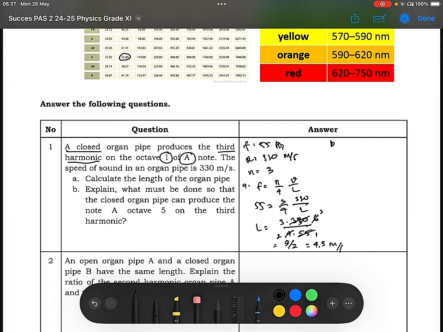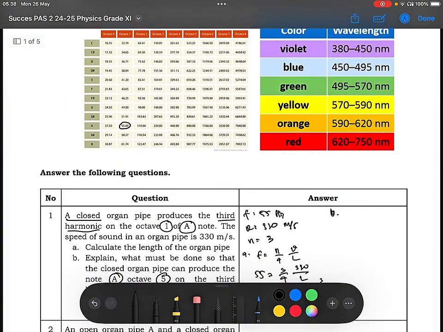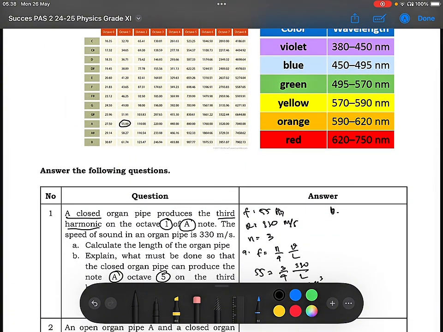And the B, explain what must be done to the closed pipe to produce an octave. Okay, if the frequency is the A octave 5, you can find the octave 5.